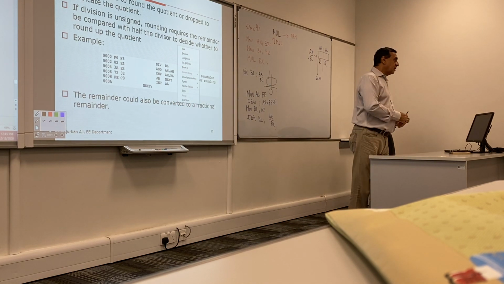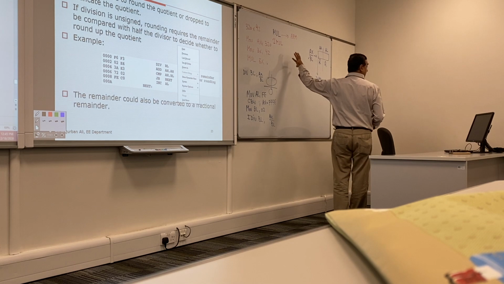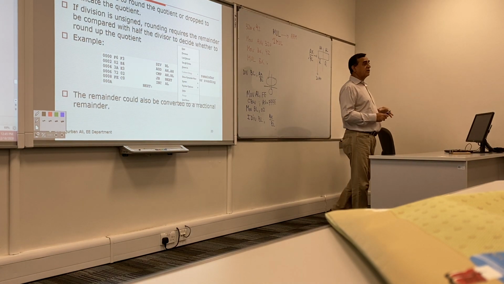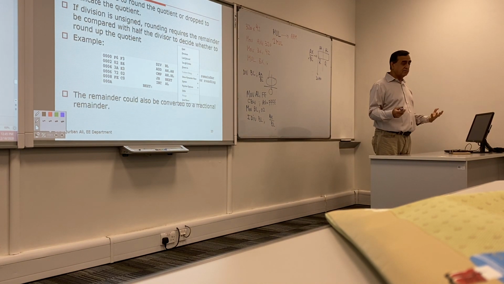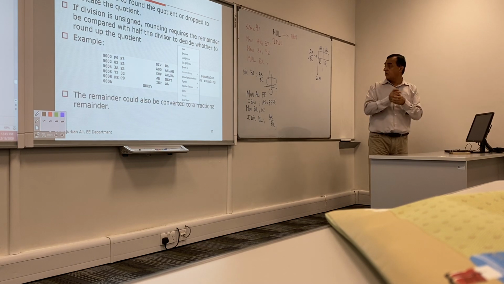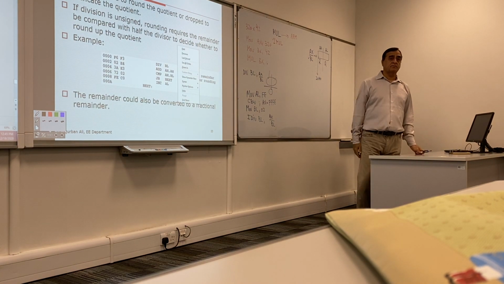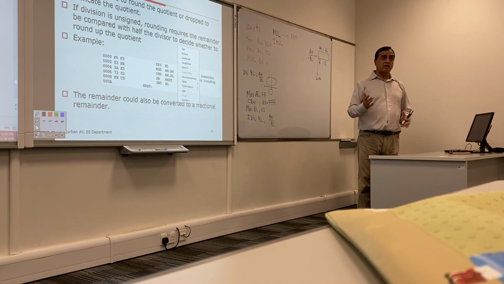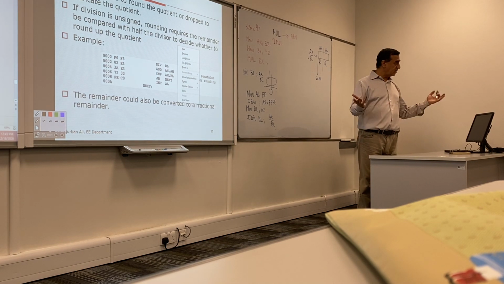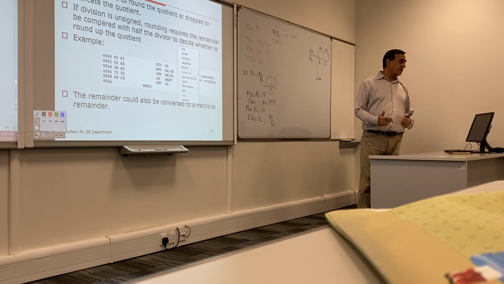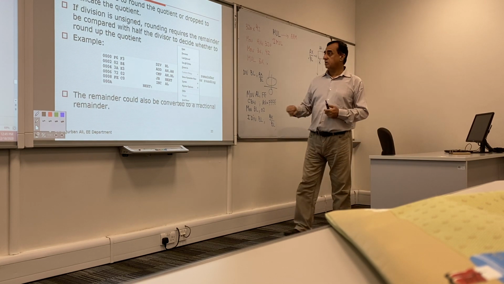So this means this can be done in the divisions. If it doesn't ask you to do rounding, leave the quotient and remainder. You have the answer. Just read the registers, AL and AH separately, and you have the values. But if you are supposed to do rounding, then you can round it.